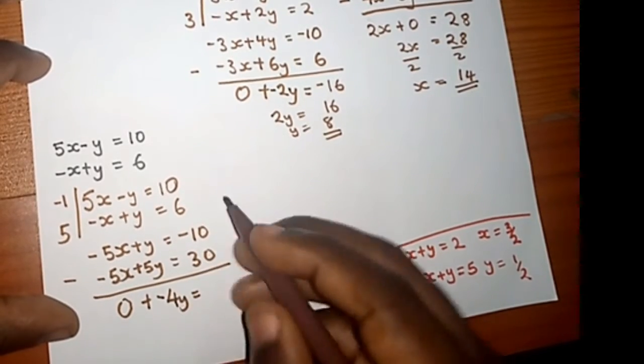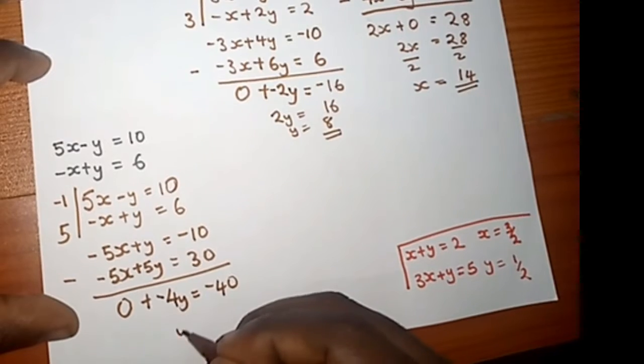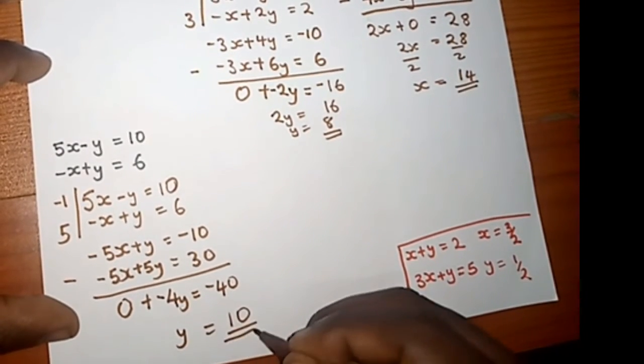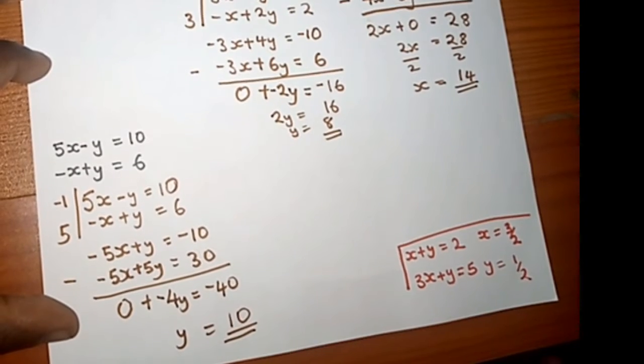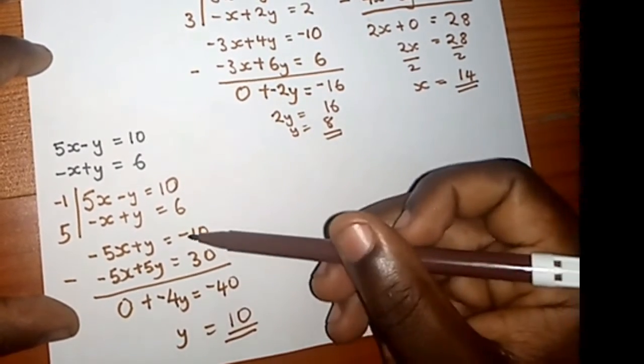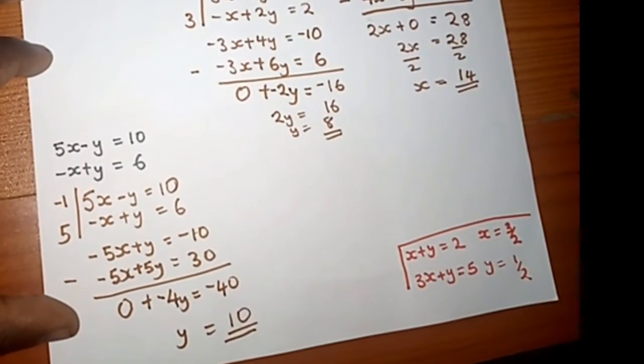Minus 4y equals to minus 10 minus 30, this is minus 40. So my value of y equals to 10, because minus 10 minus 30 gives minus 40.